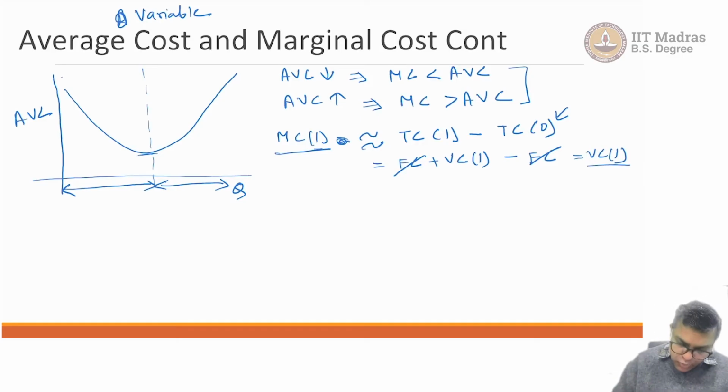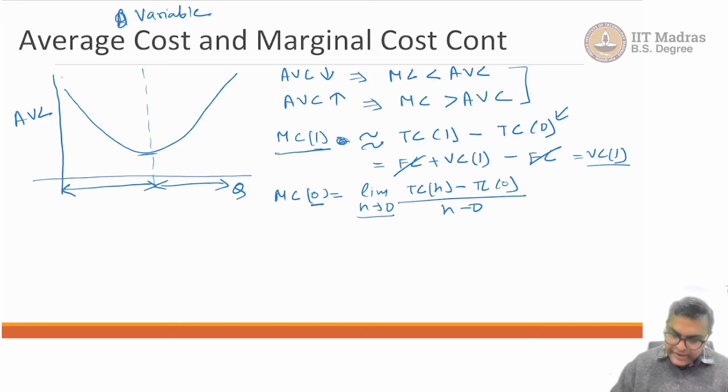If we want to be more accurate, we can use the calculus definition. We can say how much is the marginal cost at 0. We can say that is the limit as h tends to 0, because we have to look at its vicinity, 0 to h. What is happening is the total cost to produce h units, h is a very small number, minus total cost to produce 0, divided by h minus 0.